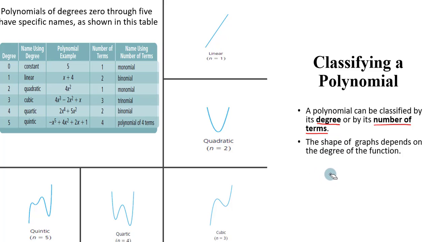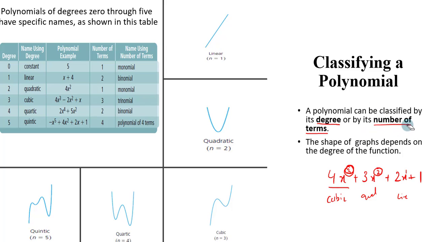For example, in 4x cubed plus 3x squared plus 2x plus 1, we term the first term, the leading coefficient term, the cubic term, because the degree of the variable here was 3. This was the quadratic term and this was the linear term. This is how we classify a polynomial function based on the degree.